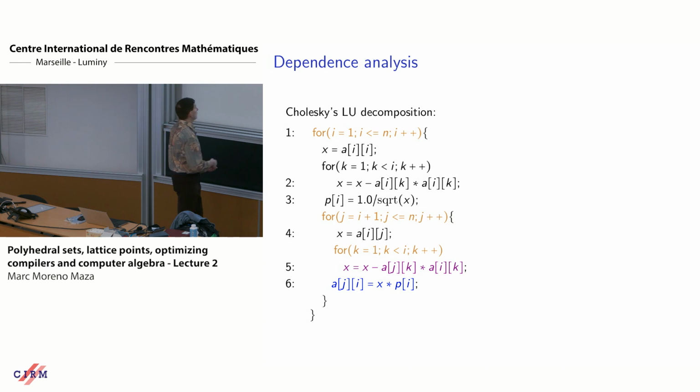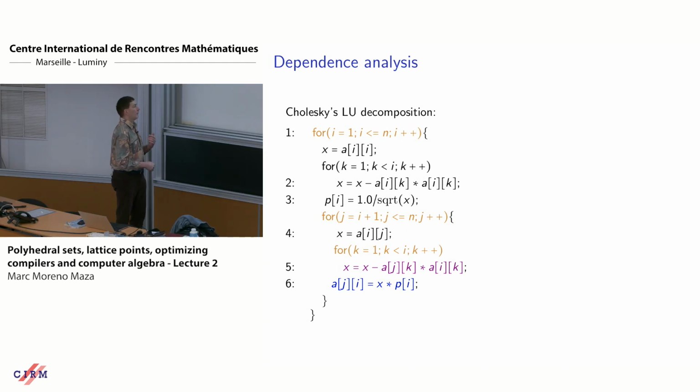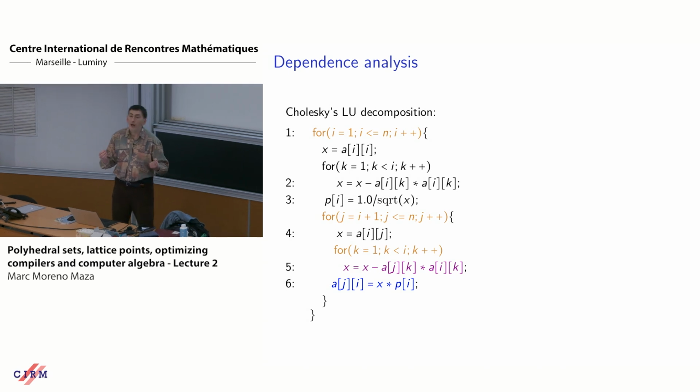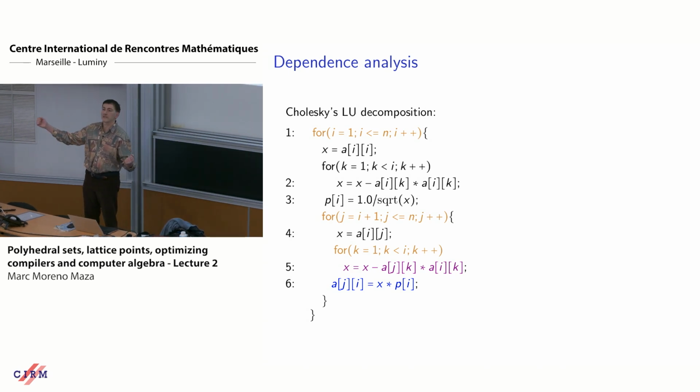If we look at the expressions that are in Bordeaux and in blue, we may ask whether we have some dependence of type read after write or write after read. So is it possible that at 2 different iterations of the for loop, we are reading something at 1 iteration and writing that same memory location at another iteration? Okay, so this is the question.